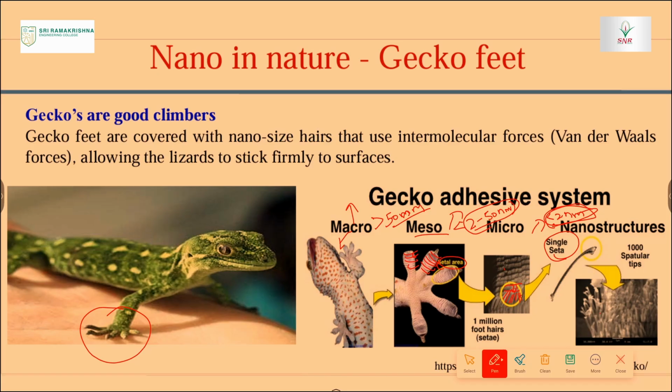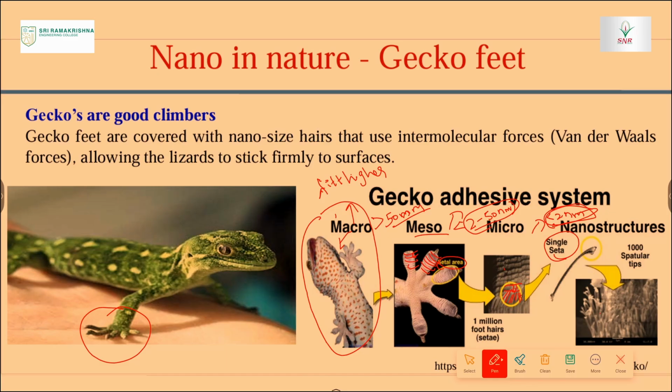This type of species, having micro, can go a little bit higher. It cannot go much higher because the single theta between the feet does not have that much holding capacity, so it can go up some heights and then fall back again.